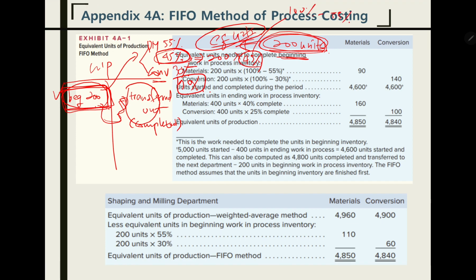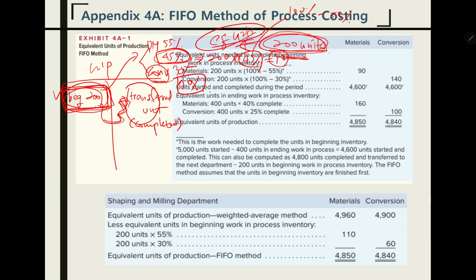So 200 units times 45% is 90 units. So 90 equivalent units are done during this period to complete this beginning inventory.